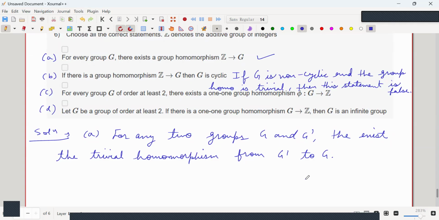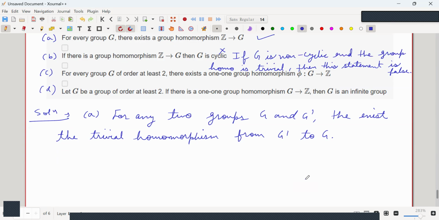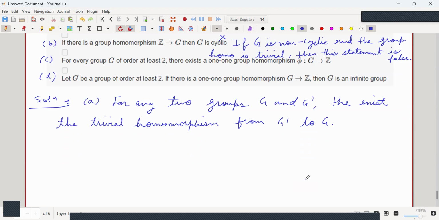Okay. Now, what about the next statement? That's also false. For every group G of order at least 2, there exists one group homomorphism phi from G to Z. So if it is 1-1, then what should we have?